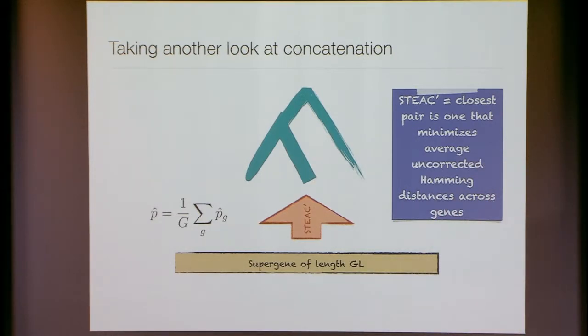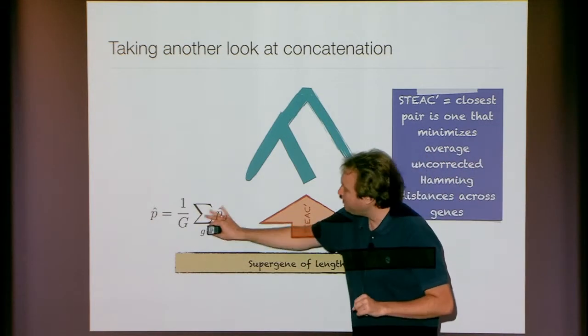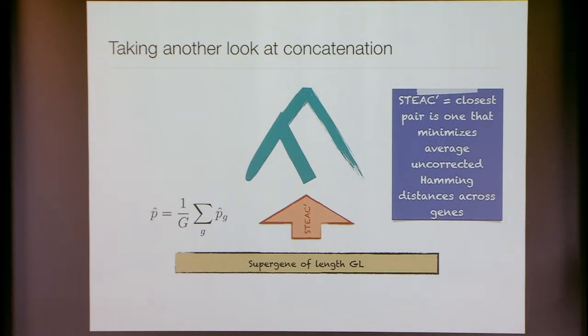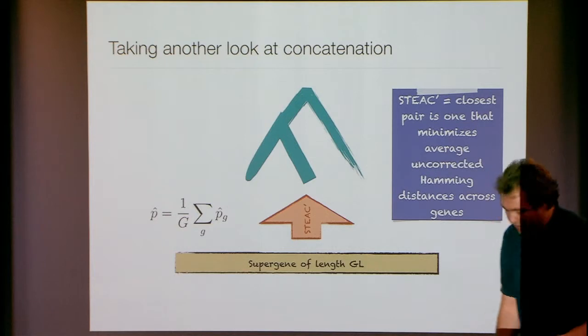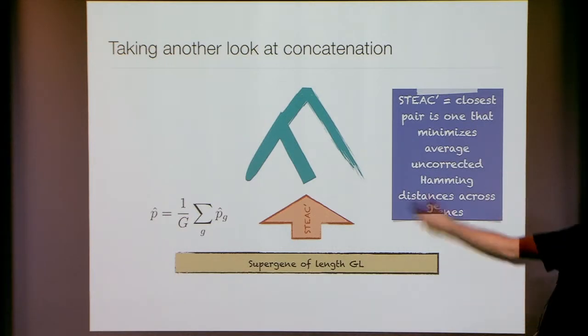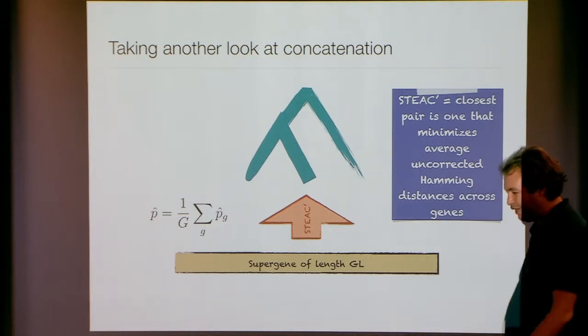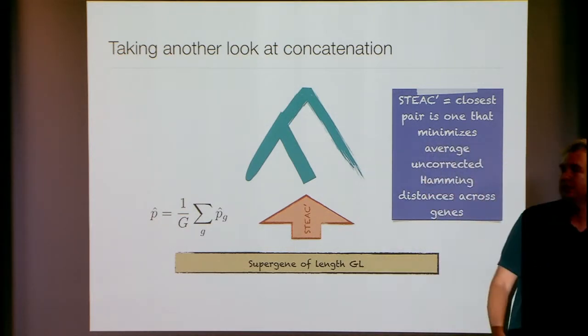Now, in this particular setting, let's assume that I'm not doing this transformation. I can just work directly with the Hamming distance. For each gene, I compute the Hamming distance between A and B, and I take the average of all of those across all the genes. And that gives me an estimate of something, which I can show is lower for the closest pair.